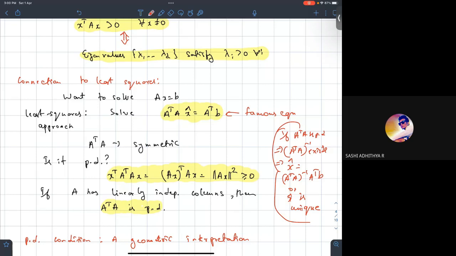Yeah, I can repeat. So if A has linearly independent columns, let me erase this. If A has linearly independent columns, then X transpose A X is equal to norm A X square, greater than 0 for all x not equal to 0.